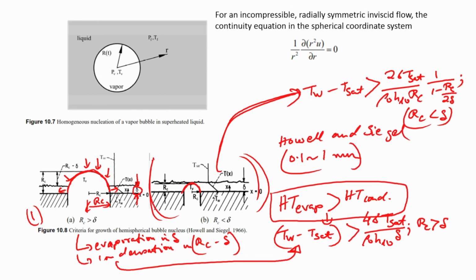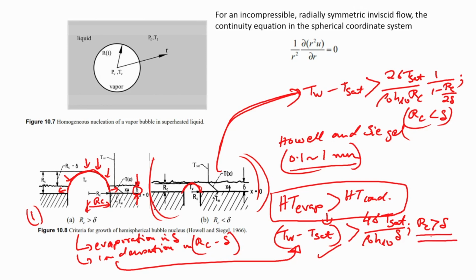Okay. So, this is for heterogeneous bubble growth, first given by Hsu and Griffith, who showed one comprehensive relationship for what kind of cavity sizes will be active, depending on the thermal boundary layer thickness, whereas on the other hand Howell and Siegel considered two extreme cases, one in which the bubble is protruding out, in the other case the bubble is completely confined within the thermal layer, and they showed for a very large variation in cavity sizes from 0.1 to 1 mm that there are two limiting conditions.